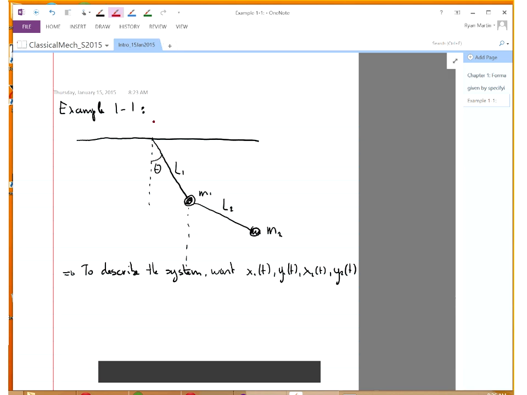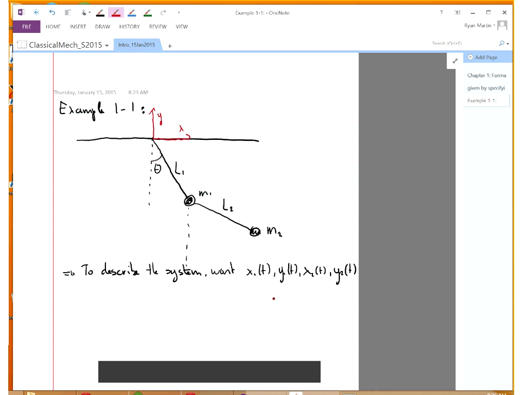So let's put a coordinate system here. If I can know the functions of time x1 and y1 of t, then I fully describe how m1 moves in time, and similarly for x2 and y2 and m2. So the goal of describing the system is to find the functions x1, y1, x2, y2.